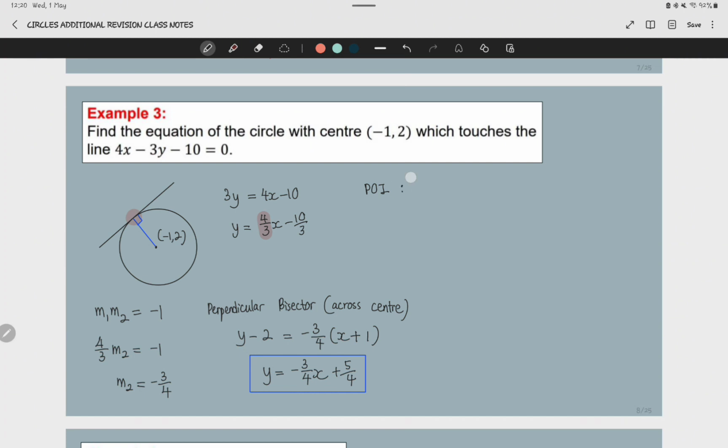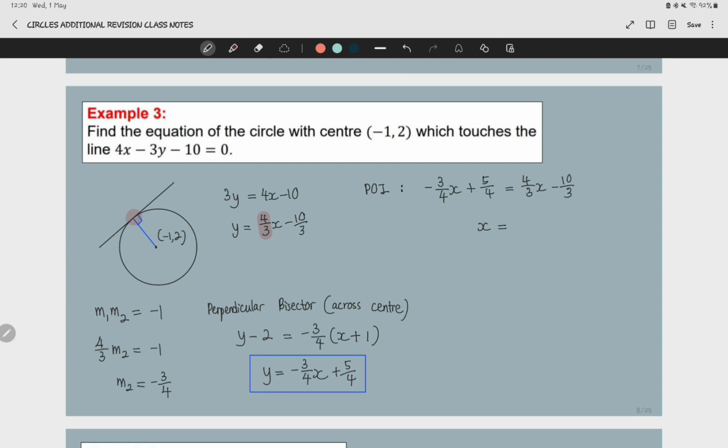Okay, so basically we are looking for the intersection. So negative 3 over 4x plus 5 over 4 will equal the earlier one, 4 over 3x minus 10 over 3. Move this and that around, or even easier, just type it directly into your calculator. Okay, wait, let me type. Okay, you type the whole equation into your calculator.